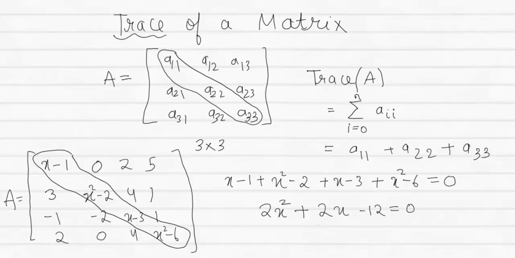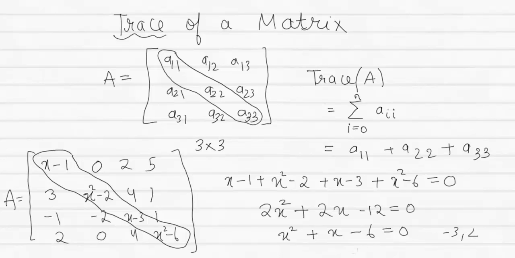Now this is just a simple quadratic equation, and we can divide both sides by 2. So it's going to be x squared plus x minus 6 is equal to 0. Now you can just guess by looking at this equation that the two roots are 2 and 3, not 2 and 3. It's actually -3 and 2.